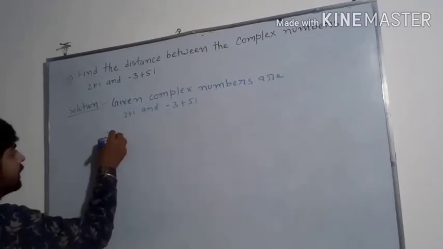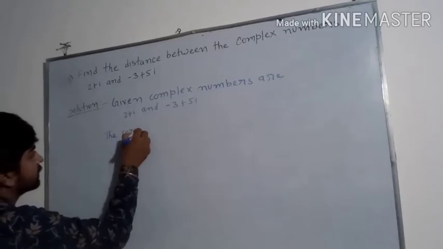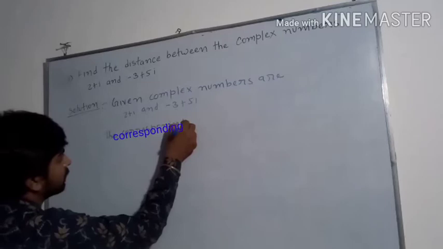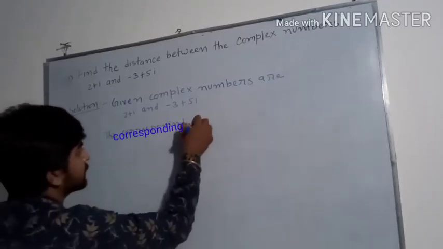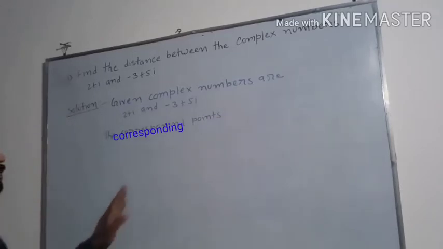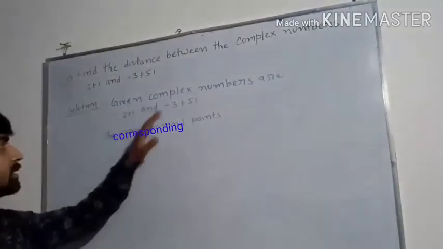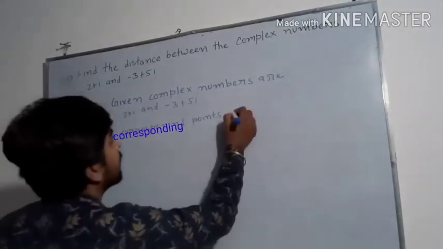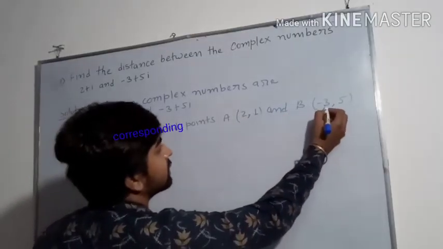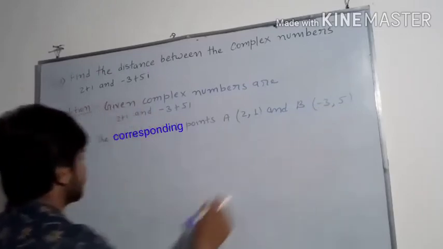The corresponding points to the given complex numbers are, let A is (2, 1) and B is (-3, 5).